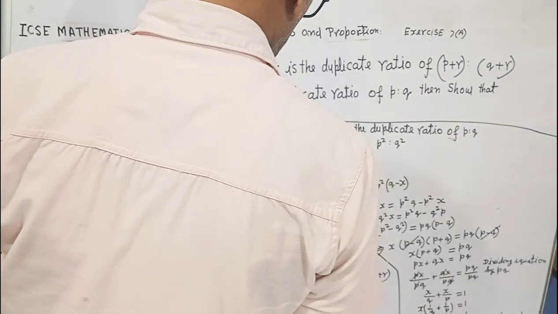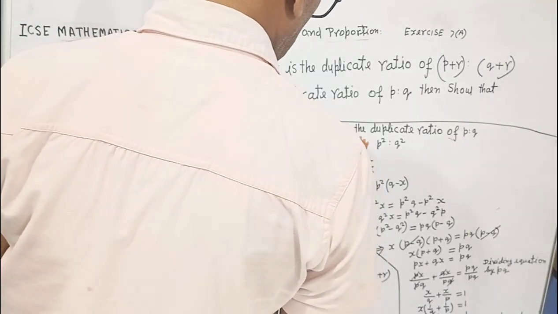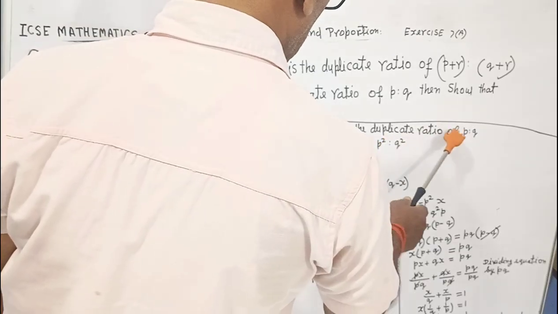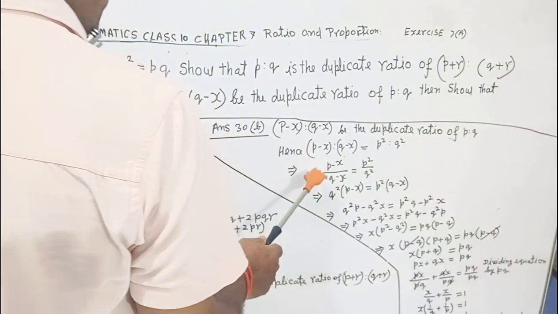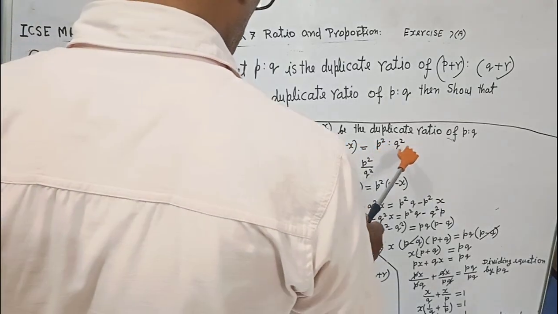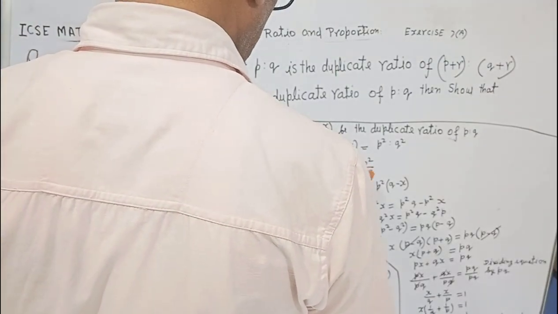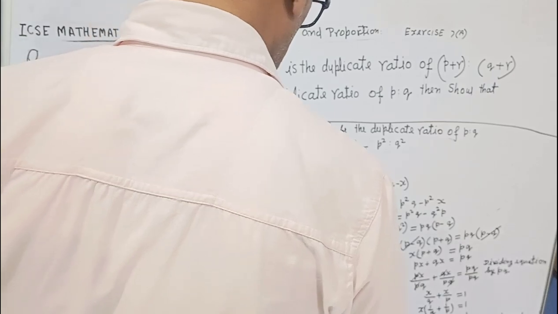Answer 30b. P minus X is to Q minus X is the duplicate ratio of P is to Q. Hence, P minus X upon Q minus X is equal to P square upon Q square.